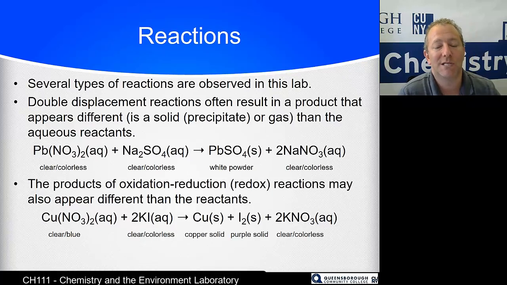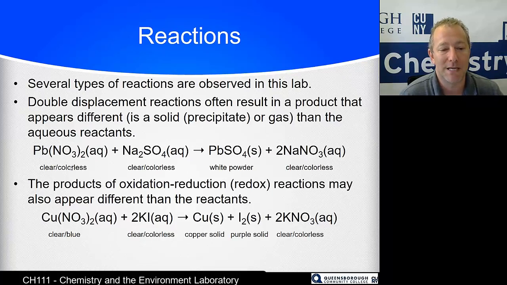So a double displacement or double replacement reaction pretty much is do-si-do-ing your partner if you've ever done square dancing. So the lead and the nitrate here are two components of this ionic compound. The sodium and the sulfate are two components of that ionic compound, and they're going to swap partners. The lead will go with the sulfate. Boom, there you go. The sodium will go with the nitrate. Boom, there you go.